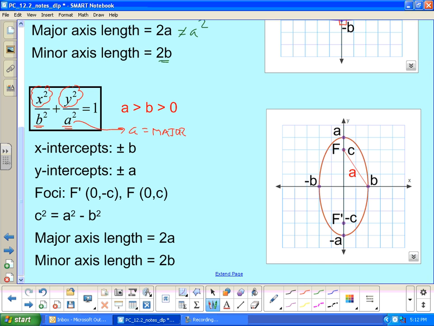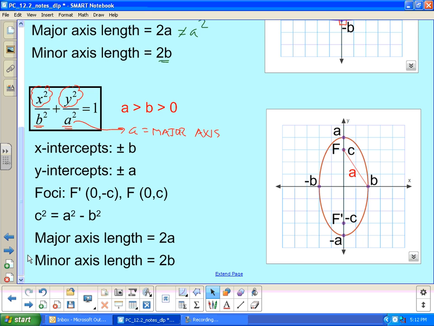So sometimes we have to move where the A is, especially in this case where my ellipse is now having its major axis on the Y versus on the X. So think about that with the ellipse. The A is your major, and it will always go with the axis that is going to be your longest one. In this case, it's our Y-axis.